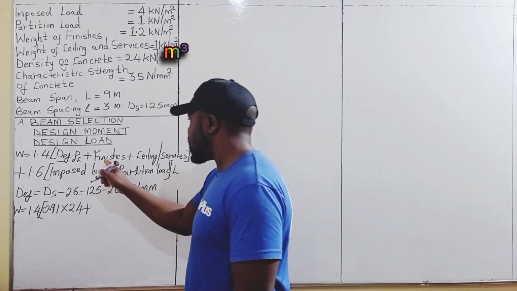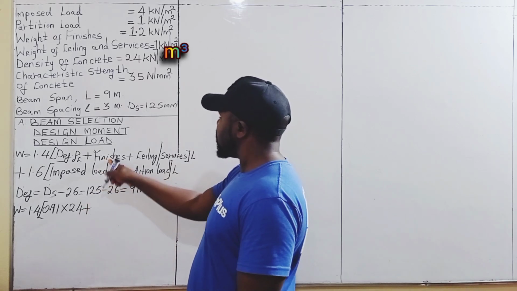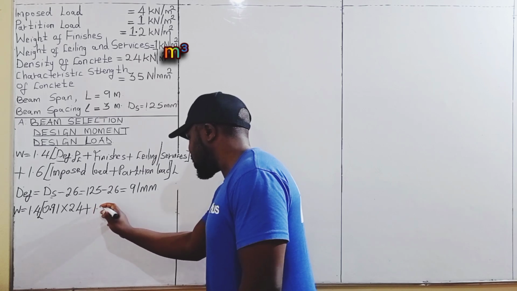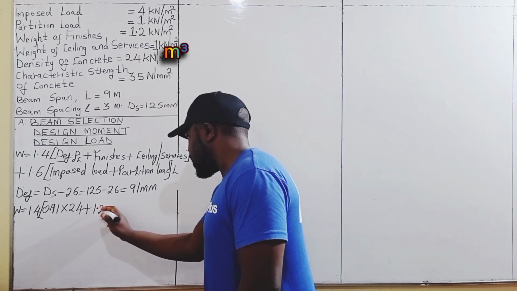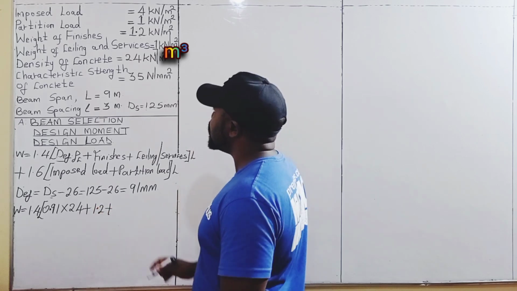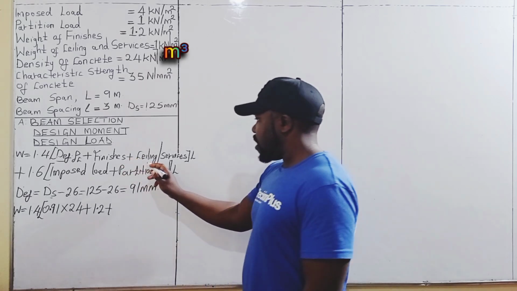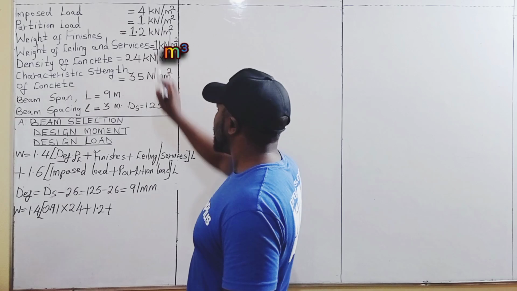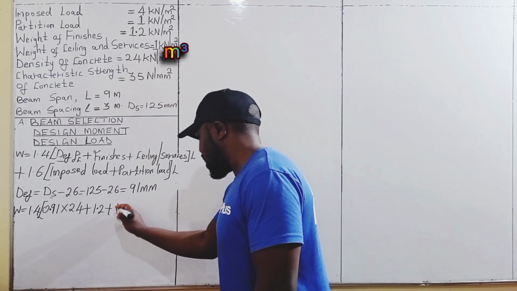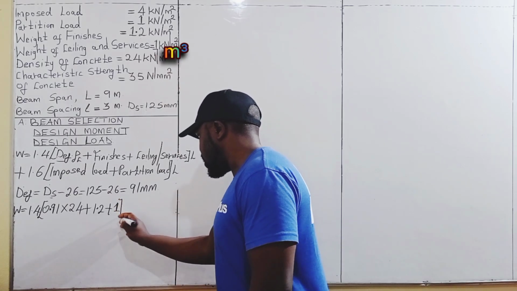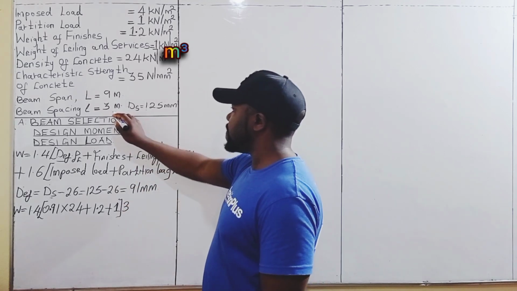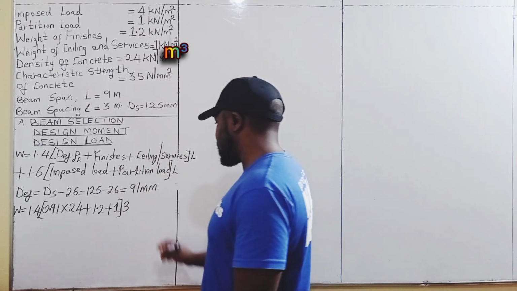Then we add the weight of finishes, which is 1.2 kilonewtons per square meter. Then we add the load of ceiling as well as services, which is 1 kilonewton per square meter. Then we multiply this by the beam spacing, which is 3 meters.